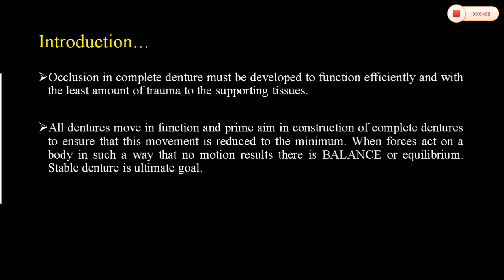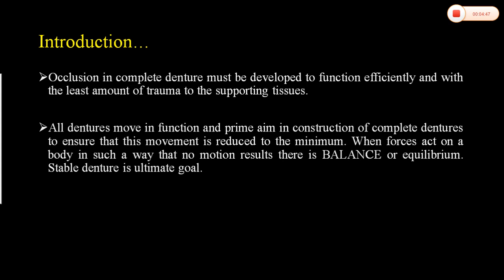What are the supporting tissues? Mucosa. Beneath the mucosa, you have alveolar bone. So the masticatory load subjected onto the denture bases will be transmitted to the underlying mucosa and the supporting bone. To prevent any kind of trauma or damage to the bone or the mucosal tissues, you have to take utmost care that the masticatory load is minimized, such that the trauma to the underlying tissues will be minimized.